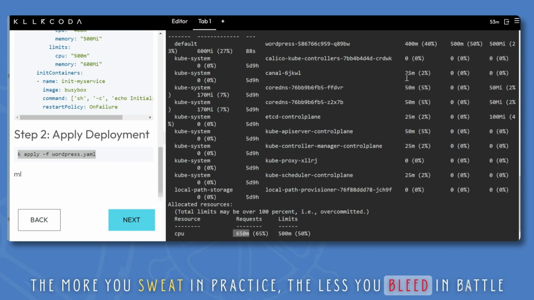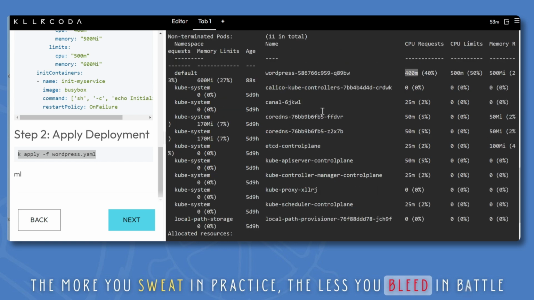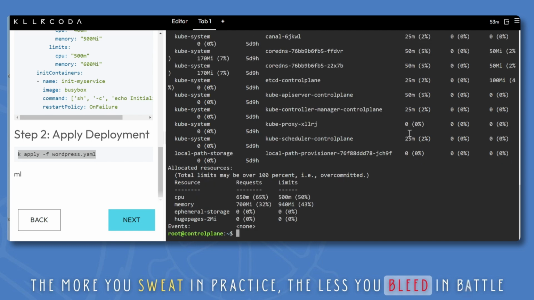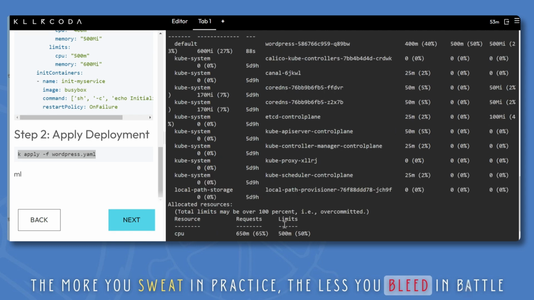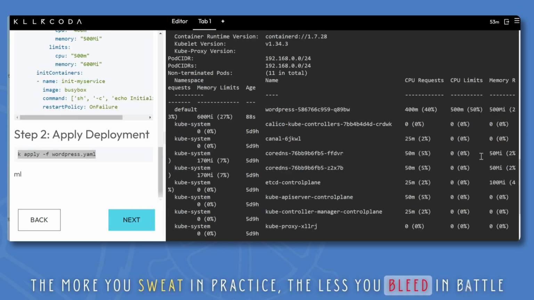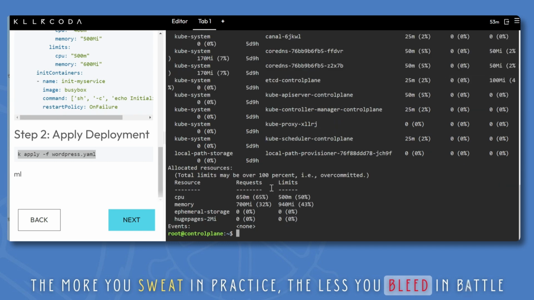If you sum these, you will find it. And this is the limit. Limits could be more than 100%, but requests cannot be more than 100%. Here you will see a line saying total limits may be over 100%. That is overcommitted, so don't worry about that.